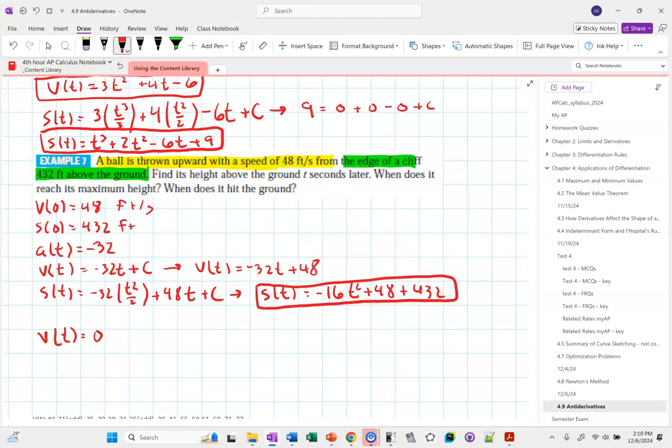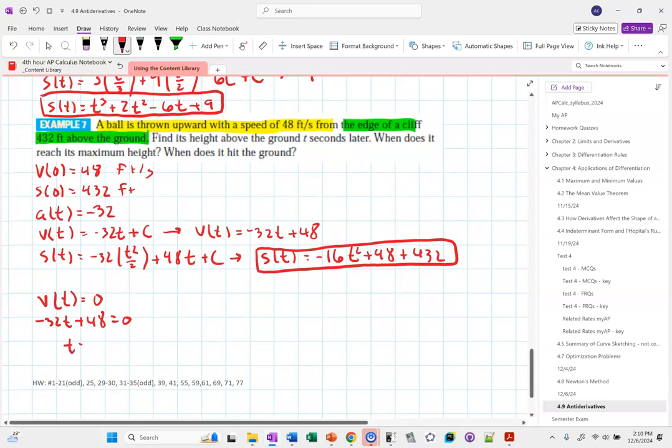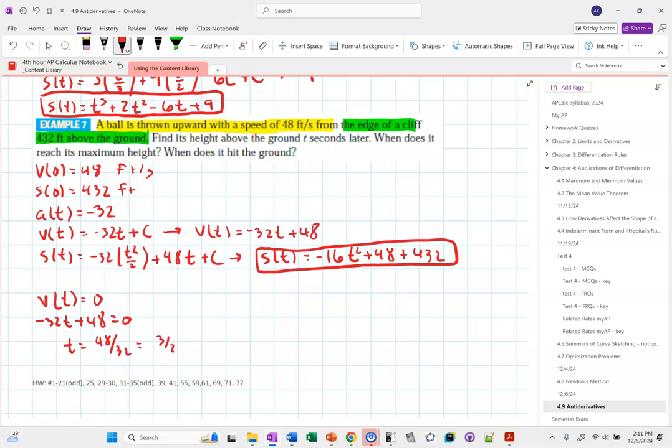I'm just going to do a first derivative test. So negative 32t plus 48 equals 0. So t is going to be 48 over 32, or 3 over 2.